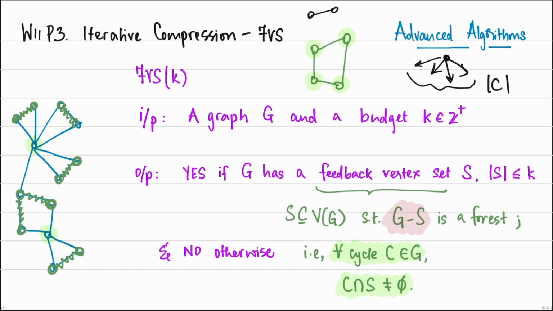Now, we could say that we go and look for a shortest cycle, because that would lead to fewer branches. So the shorter the cycle, the fewer the branches. But it's conceivable that you have a graph where the shortest cycle is quite long. In particular, it's not bounded by k.